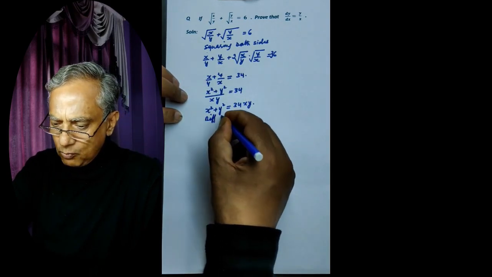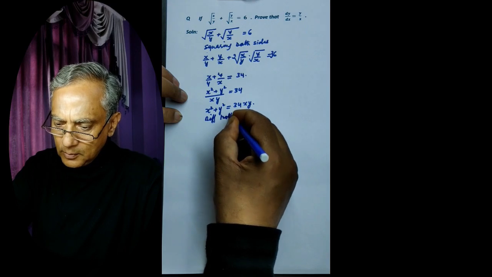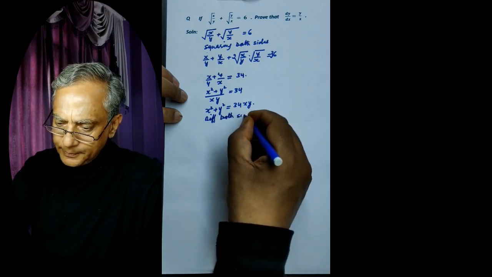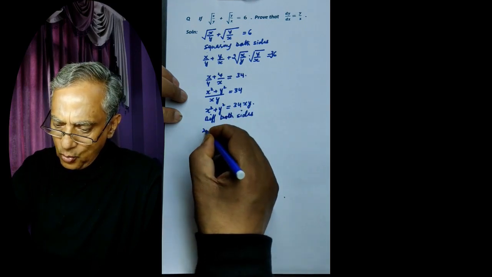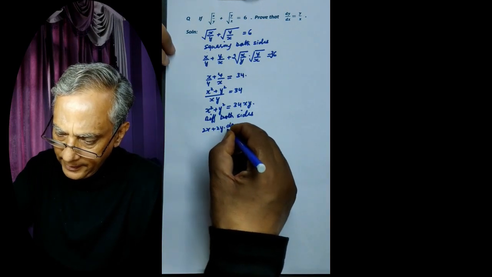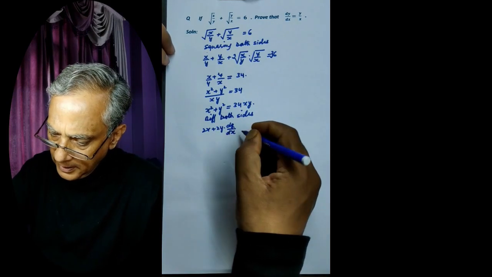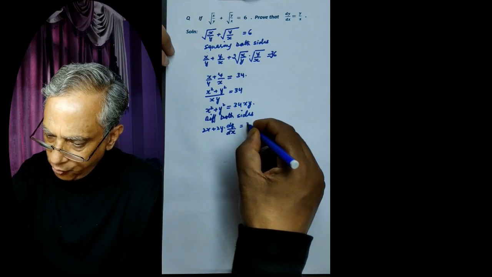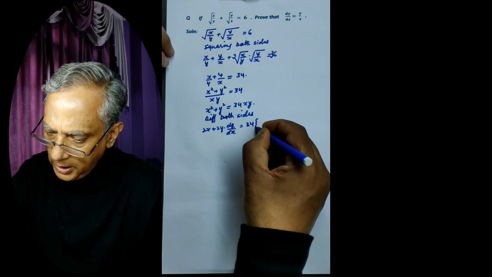Differentiate both sides. What we get is 2x plus 2y into dy by dx. And this is equal to 34, and here we will use the product rule.